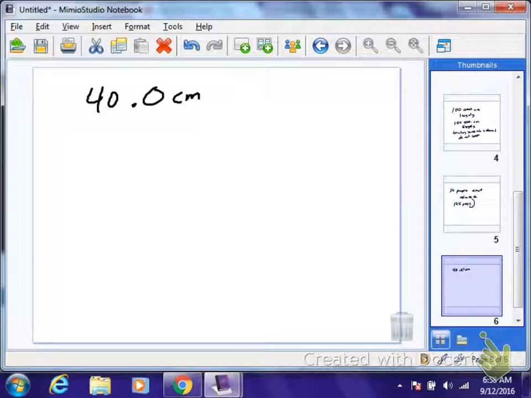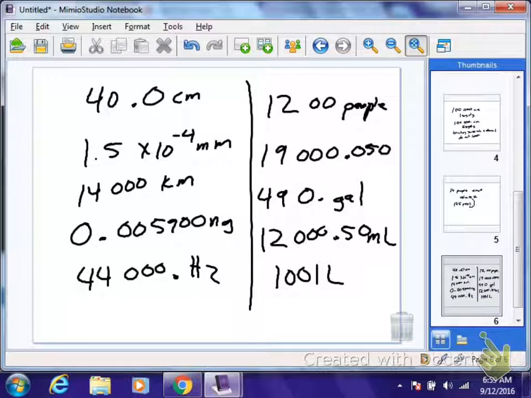I'm going to go ahead and stop the recording, write these out, and then start it again. Okay. I would like you to go ahead and write these down. There's 10 of these. I'd like you to determine how many significant digits are present in those examples.